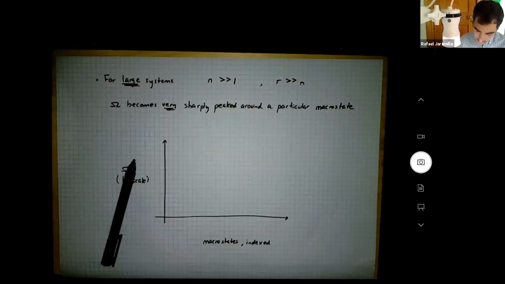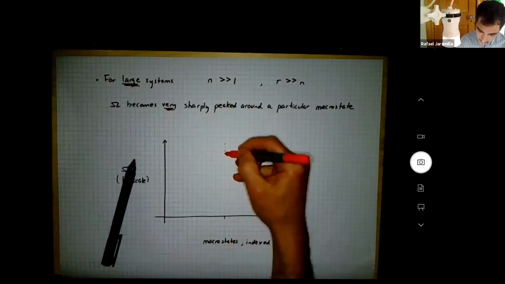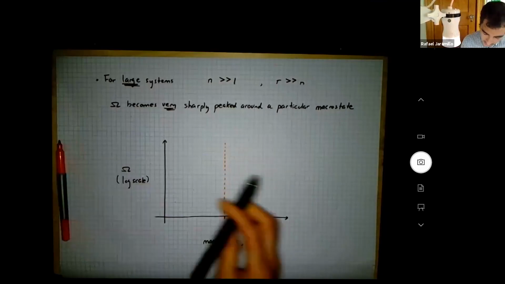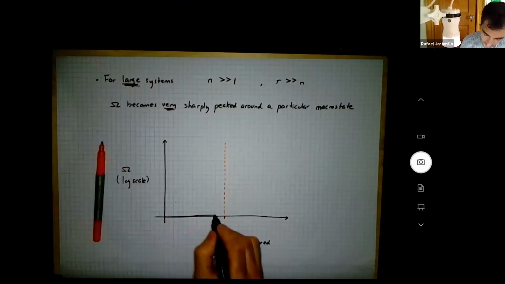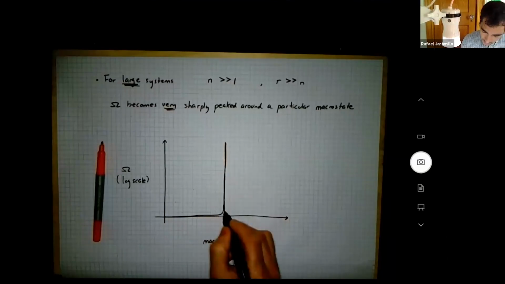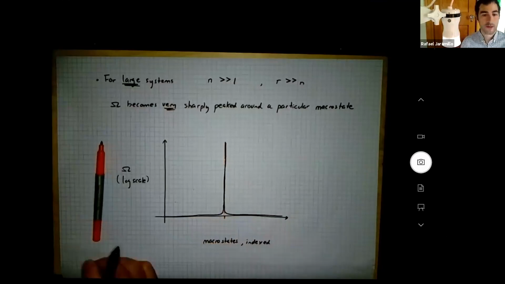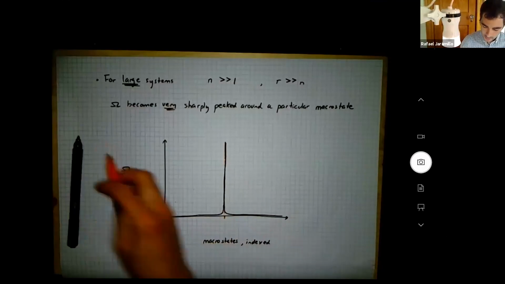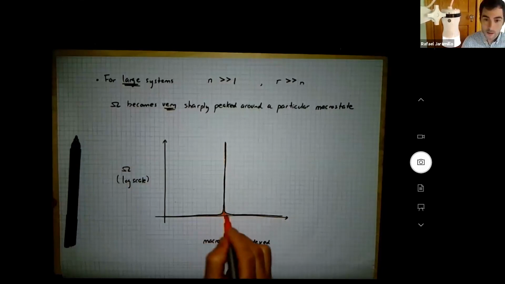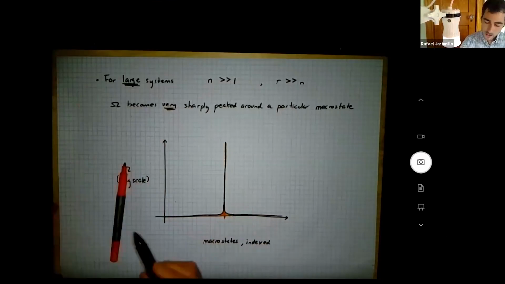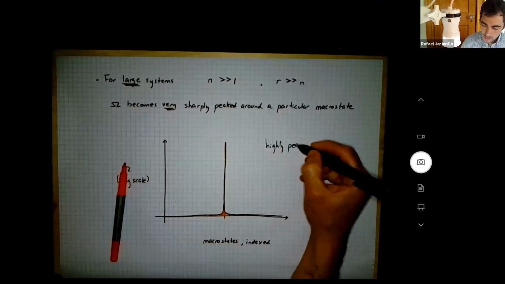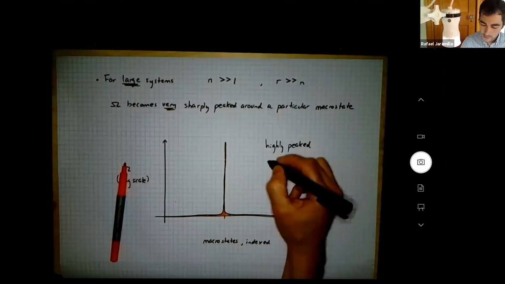And you're going to have some macrostate for which the distribution of microstates is overwhelmingly higher than for all other macrostates. This area under the curve here, let's draw that in orange so it's even possible to visualize it. Right. This is a highly peaked distribution function.